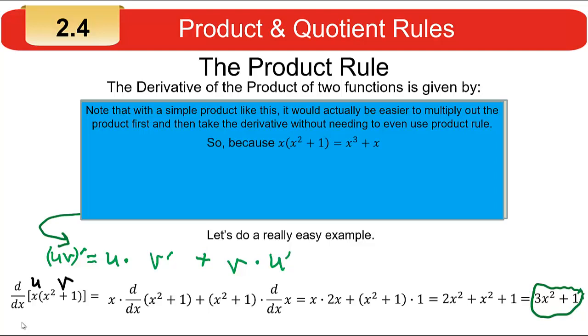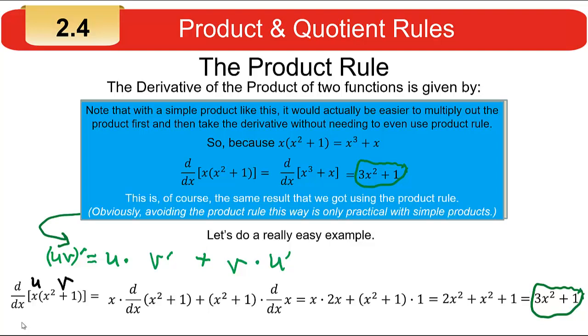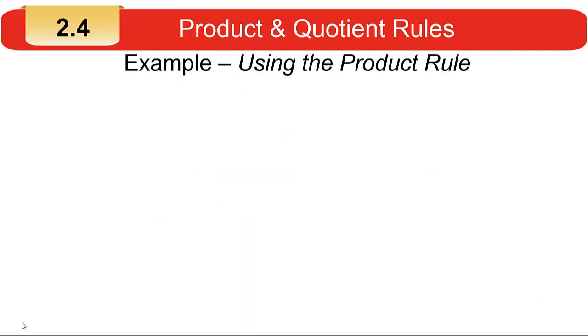For example, because x times the quantity x squared plus 1 is just x cubed plus x, I could just say the derivative of x times the quantity x squared plus 1 is the same as the derivative of x cubed plus x, and then I could use the power rule on each term and get 3x squared plus 1, exactly the same answer, probably a little bit less work. That's a decision you have to make. Sometimes you can see a product and you say, well, I could just multiply it out and do it easier the other way.